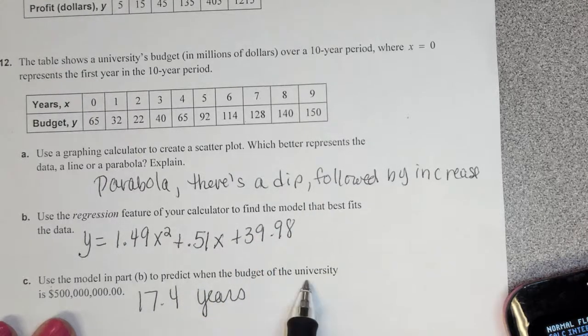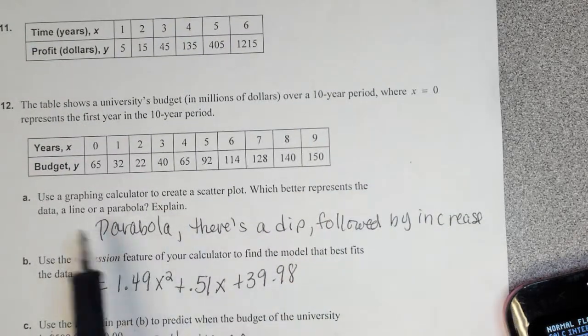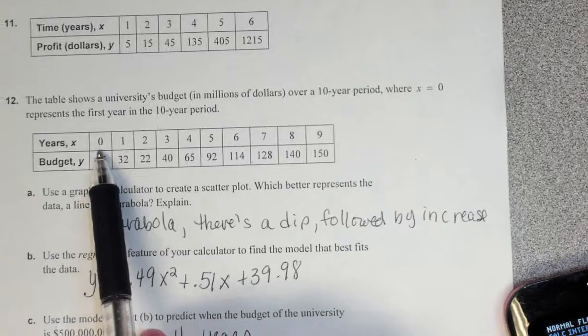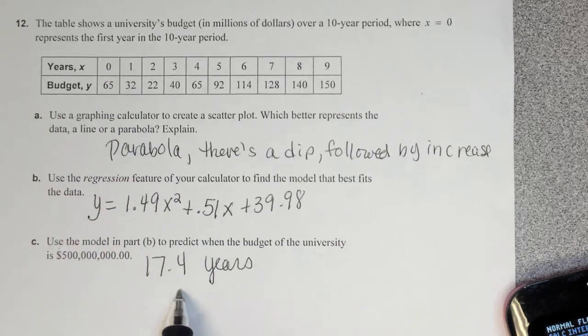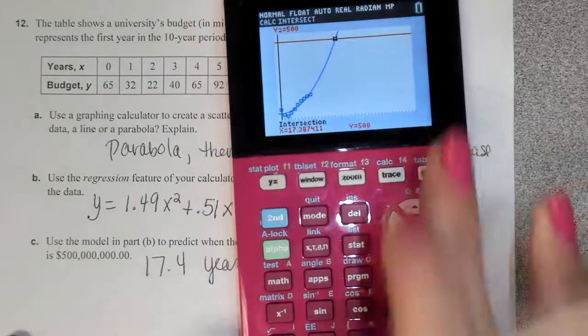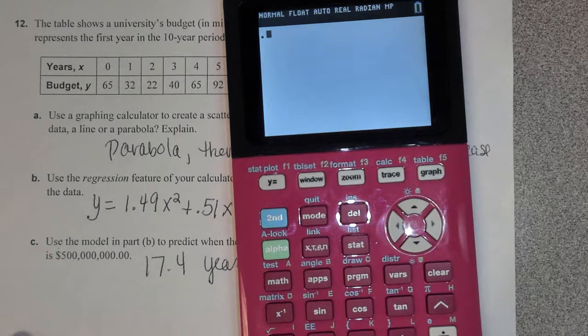to predict when. So what year is it going to be? Well, they didn't tell us what year this represents. So let's say that's the year 2000. What would be the year in which it's going to happen? In 2017, probably in about April of 2017. Do you guys see why? Well, 0.4, actually, I would have to do 0.4 times 12.